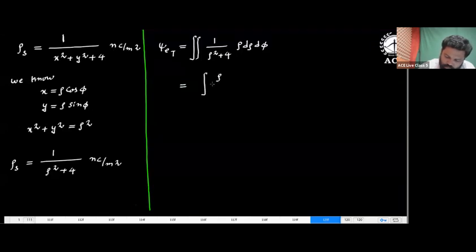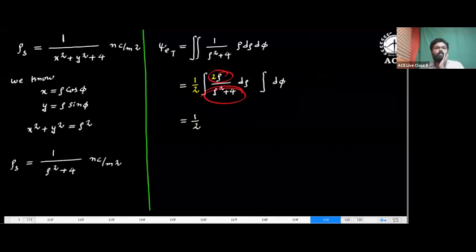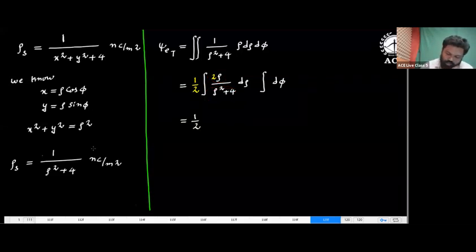Here it is rho divided by rho square plus 4 into d rho, here it is d phi. Now I'll multiply and divide by 2 here. Then the numerator is the differentiation of the denominator. It is a standard integral. So what you're going to get here is a natural log of rho square plus 4.